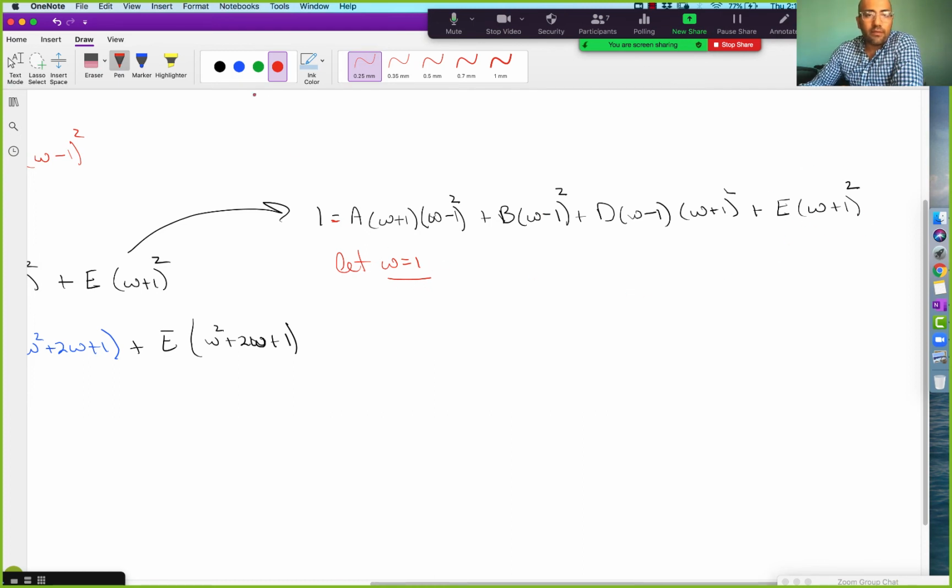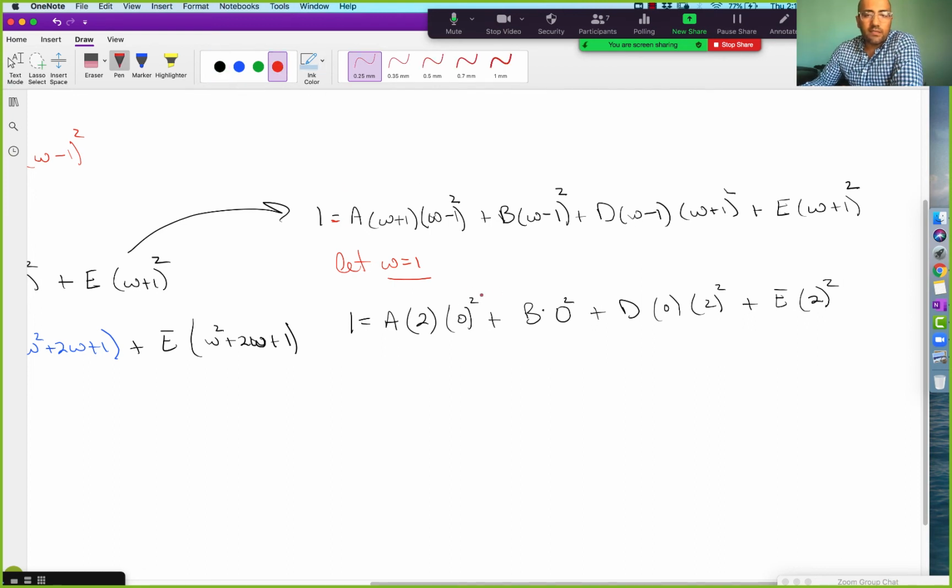So I'll end up with 1 equals A times 2 times 0 squared, plus B times 0 squared, plus D times 0 times 2 squared, plus E times 2 squared.